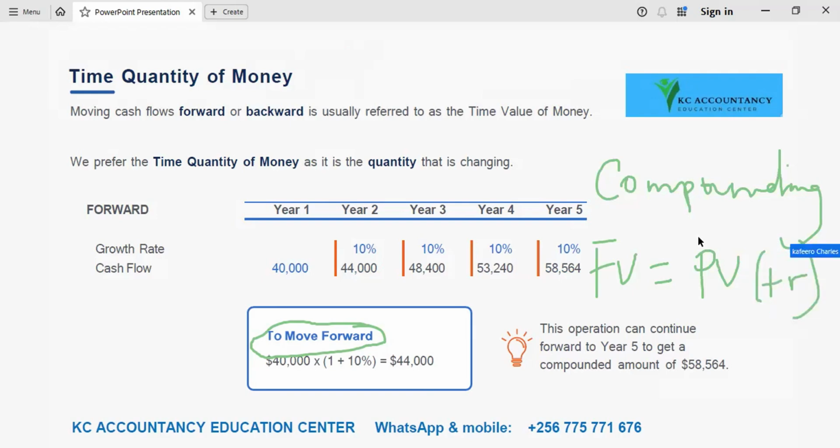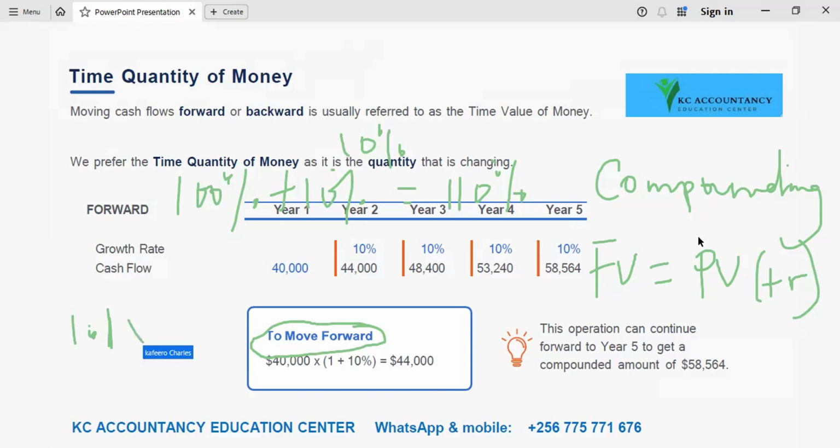In other words, this is how we compute the increase. If someone says something is increasing by 10%, the actual computation is that it will be 100% plus the 10%, and that will give you 110%. So if you want to find out that this 40,000 has increased by 10%, it is just a matter of saying 1.1 times the 40,000, and this will give you 44,000 US dollars.